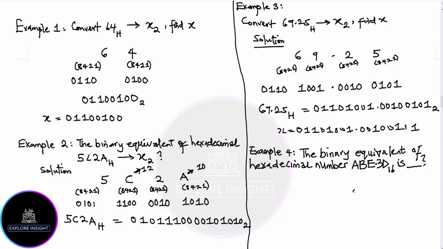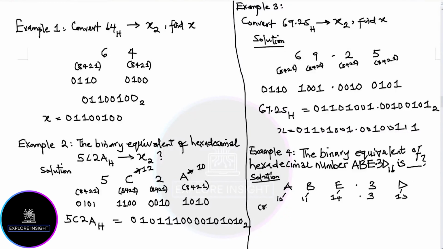So just to quickly solve this, we'll have the solution as spread out A, B, E, dot 3D. A represents 10, B represents 11, E is 14, we still have this 3, and the D is 13.